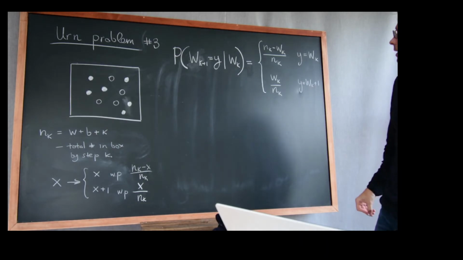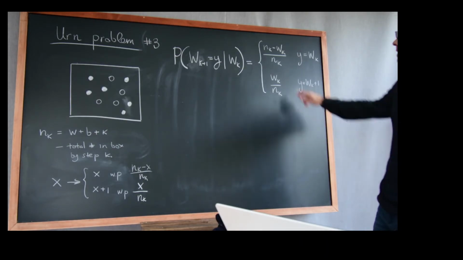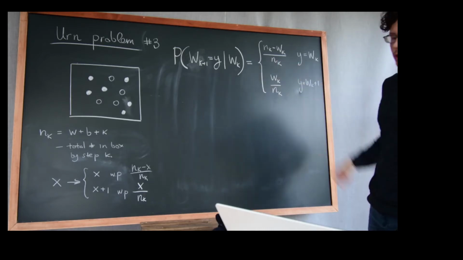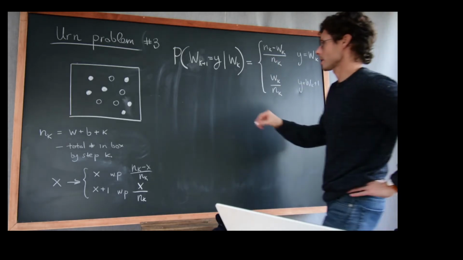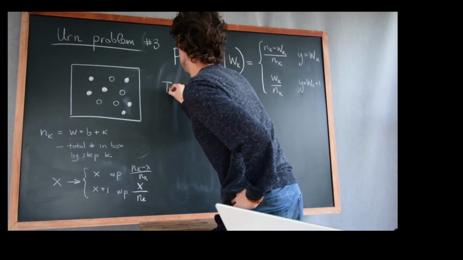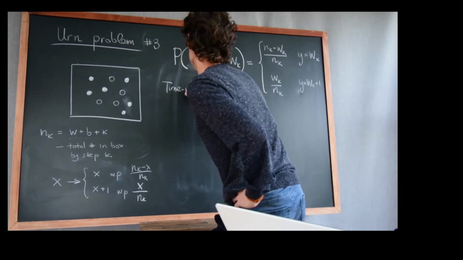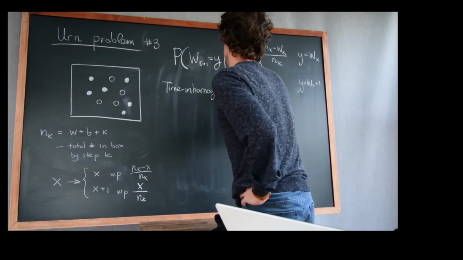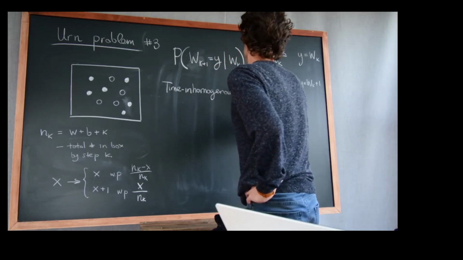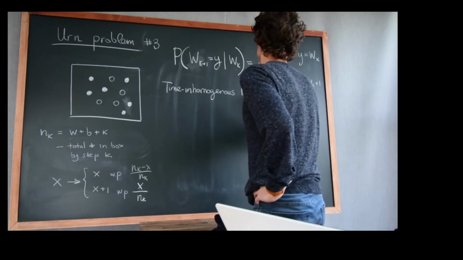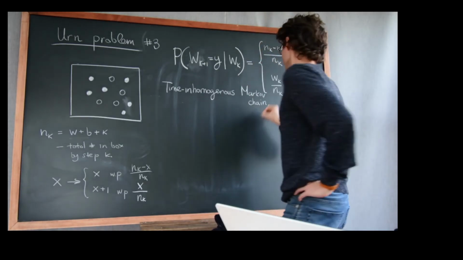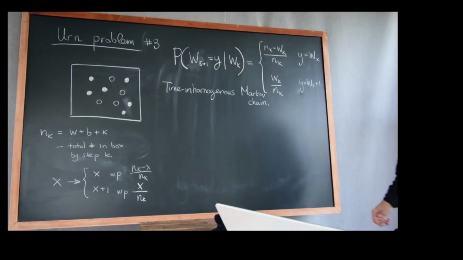And so the key difference here is that this K appears in the transitions themselves, and this makes it a time inhomogeneous Markov chain. So that's our first observation.